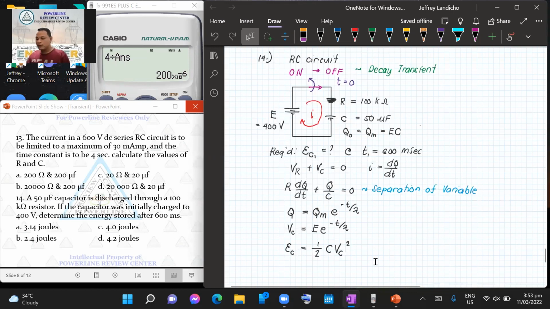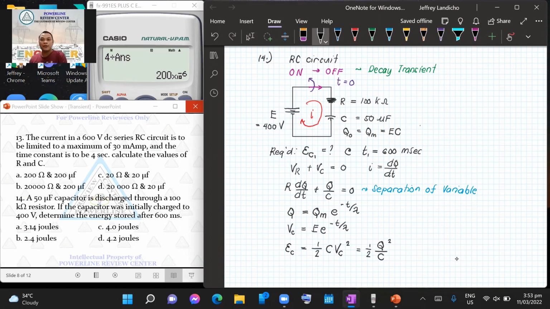Kunin lang natin what would be now the remaining voltage or the remaining charge of this capacitor after 600 milliseconds. So either kunin natin yung remaining charge of the capacitor in coulombs at since alam naman natin voltage across capacitor is Q over C. So pwede rin naman ito kapatid maging equation as 1/2 charge of the capacitor at any given time in terms of coulomb, divide natin kanina capacitance.